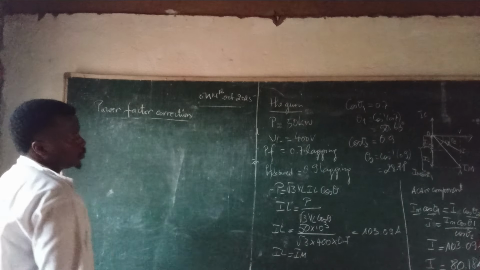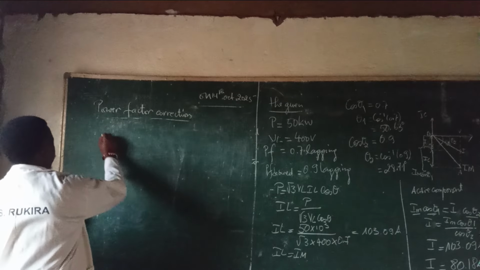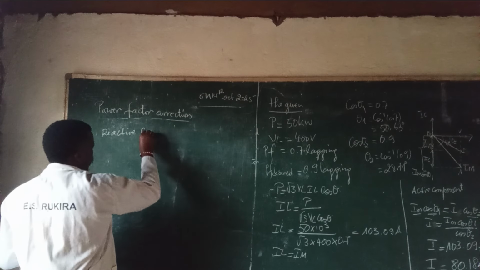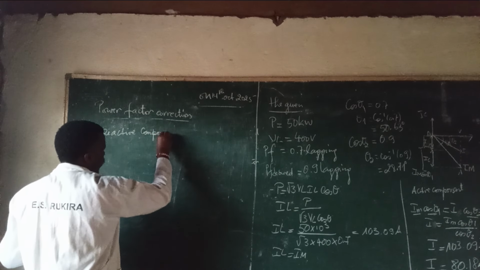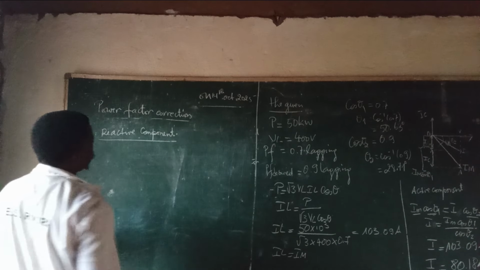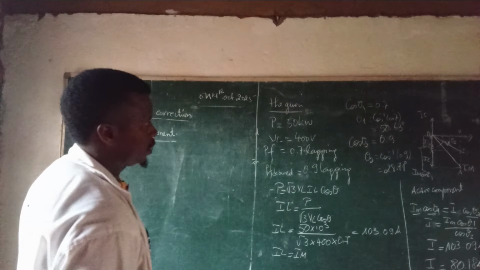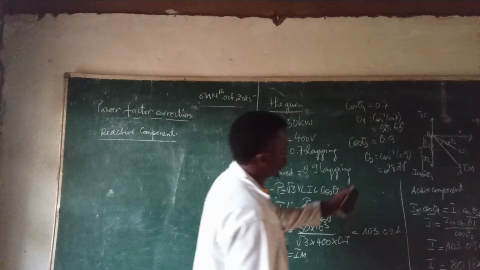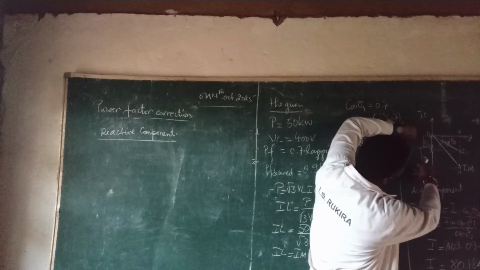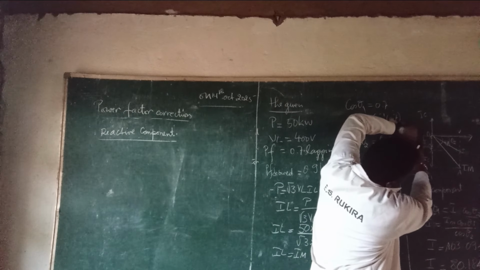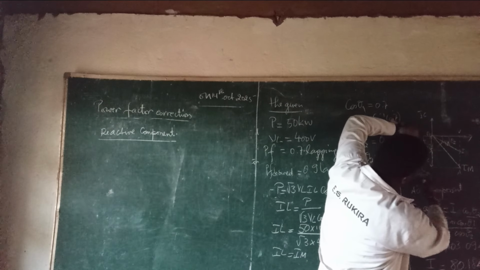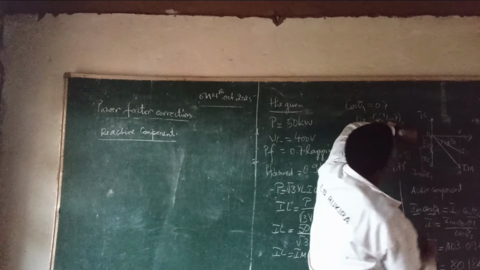When you look into reactive components, if you see, IC plus the desired I sin theta 2 will be equal to IM sin theta 1.